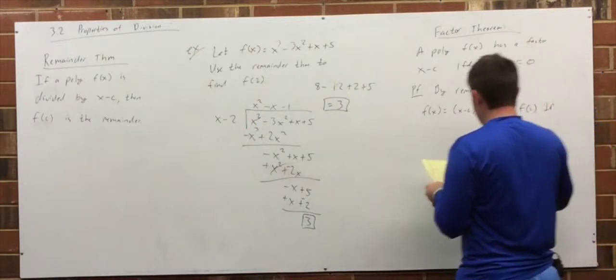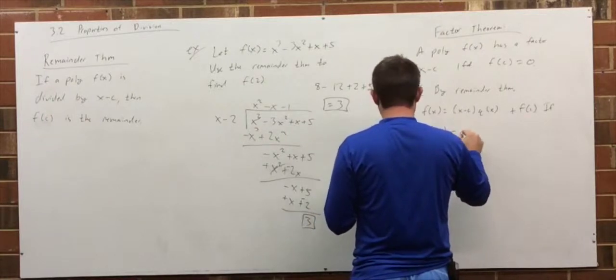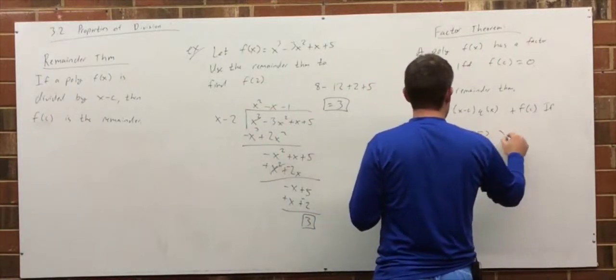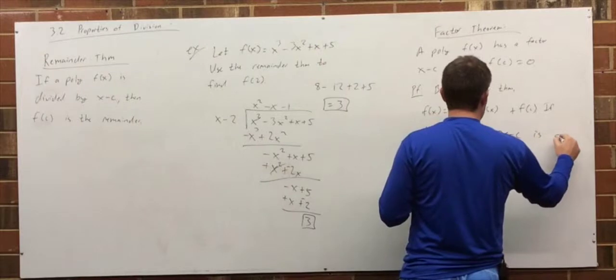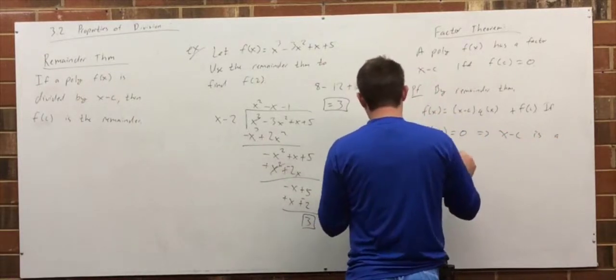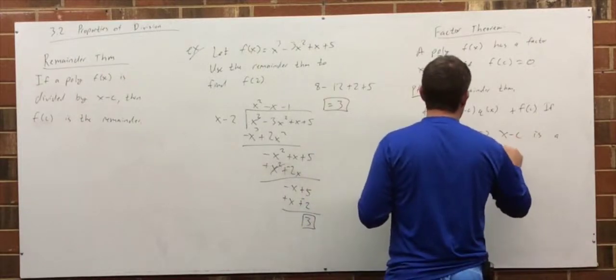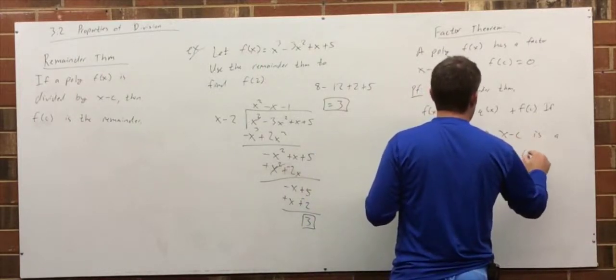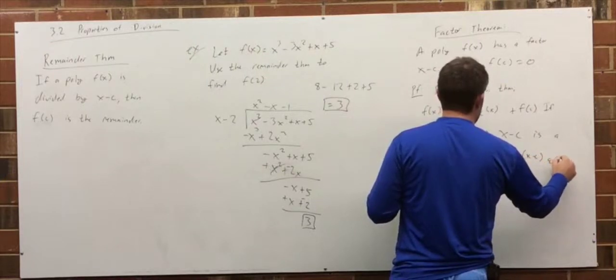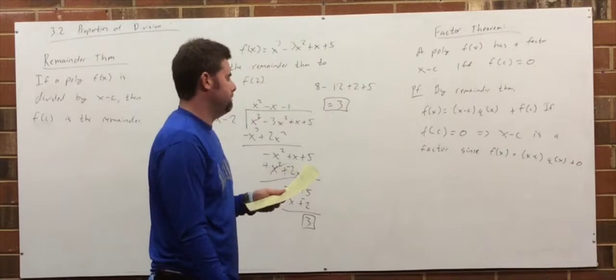If f of c is 0, it implies x minus c is a factor. Since we would then have f of x equals x minus c times q of x plus 0. Right?